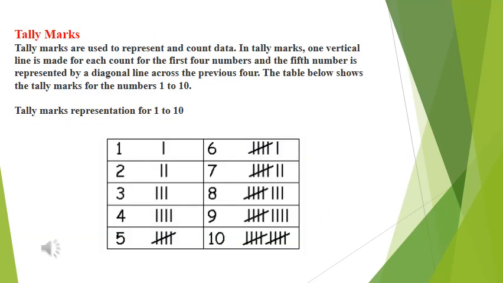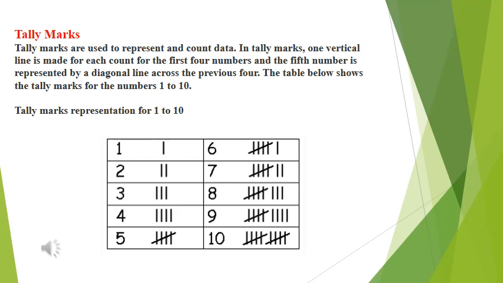Now students, let's see about tally marks. Tally marks are used to represent count data, meaning the number of times an event occurs. We represent the given number of items in the form of vertical lines.